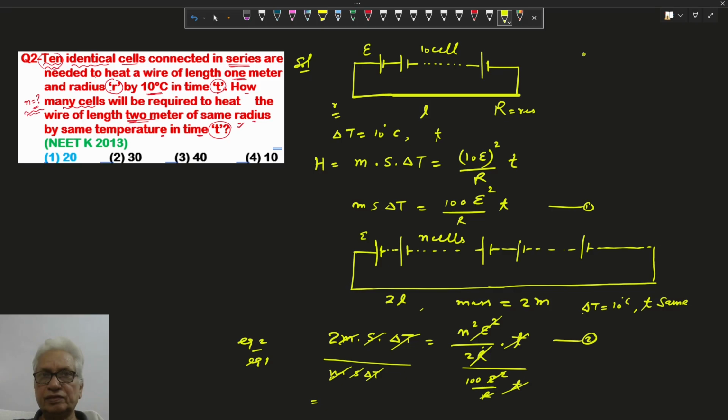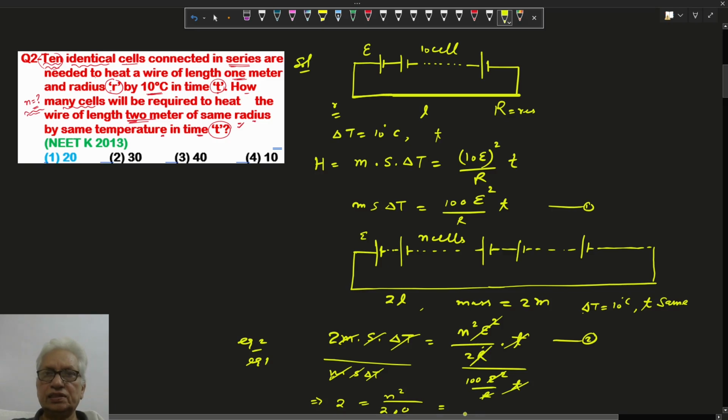So 2 equals n squared upon 100. So n squared is 200 multiplied by 2, which is 400. n will be 20. So 20 cells are required. Option 1 is correct.